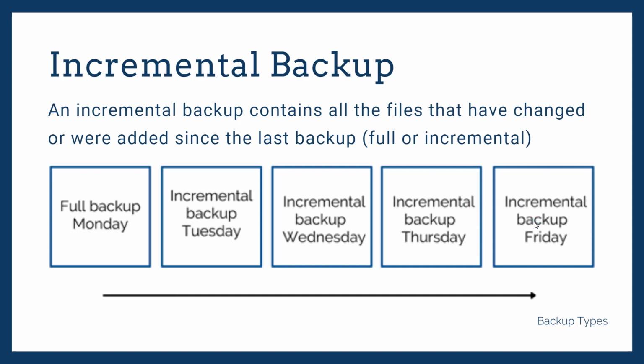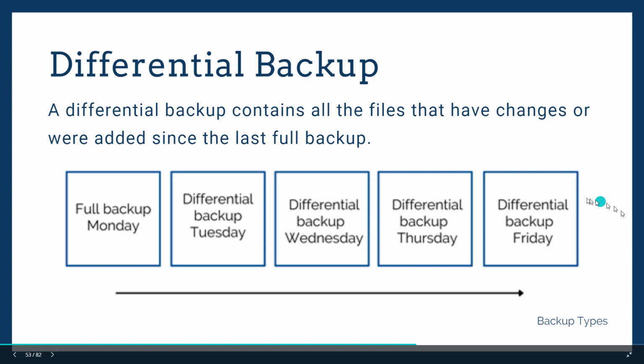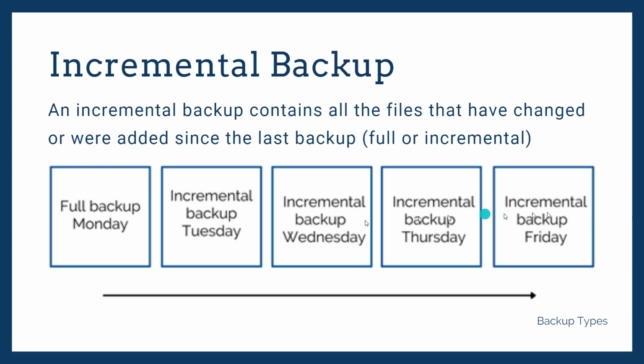So it has to restore Friday's incremental backup as well. So whereas with a differential backup, if I wanted to restore from Friday's backup, all I would need is Monday's full backup and Friday's differential backup. But for an incremental backup, I need Monday's full backup, Tuesday's backup, Wednesday's backup, Thursday's backup, and Friday's backup. And remember, this chain could be much longer.